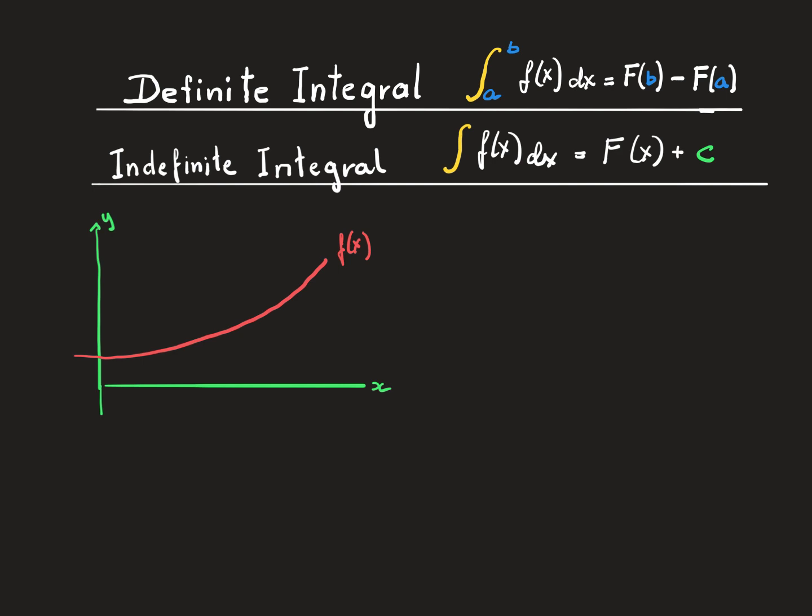So the intervals, for instance, might be one here, a, and another one here, b, and this is the interval between here and here. So the definite integral is the area of that interval.